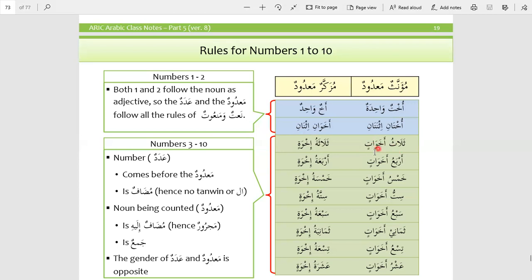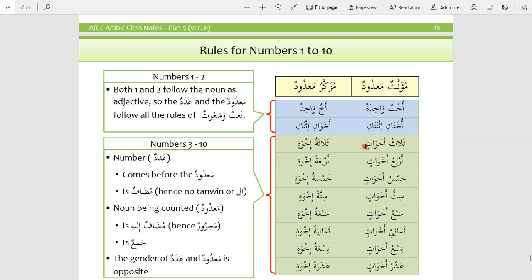Kasra here is the sign of being mudaf ilayhi, and it is in majrurun, which is kasra. So we've got this talatu, which is mudaf, and we don't have alif lam, and we have one single sign here, a dhamma, and we have akhawatin, which is the sign of majrurun mudaf ilayhi.